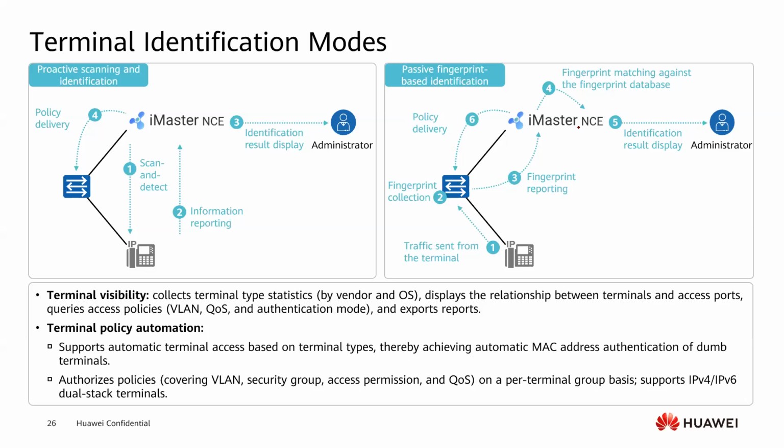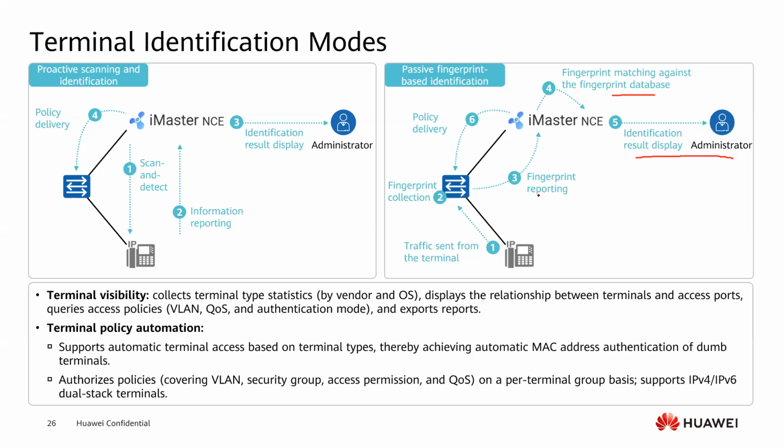The controller will save this information to its database, and then match the fingerprint reported by the access devices to the database. If it matches, it will deliver the policy automatically, and also display the result to the administrator.